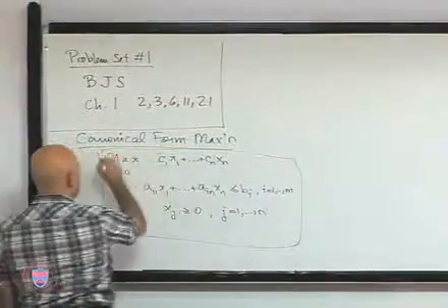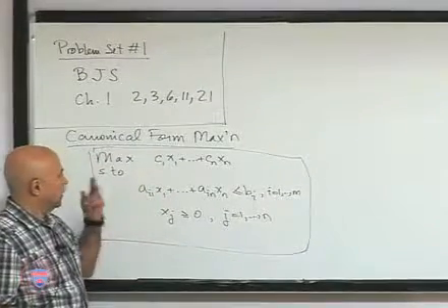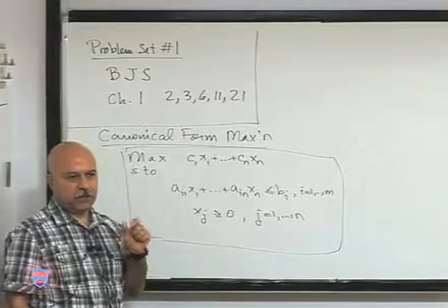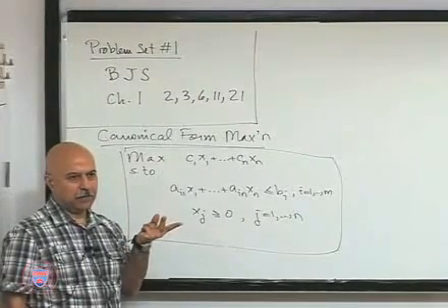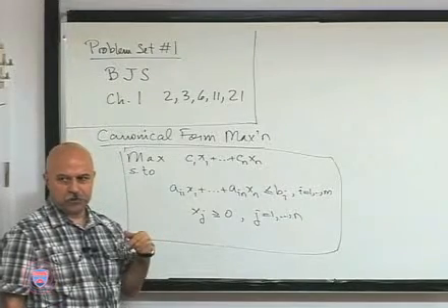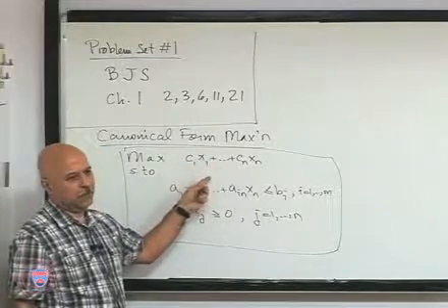And we assumed here that the data of the problem consists of 5 pieces of information. The number n, the number m, which is the number of functional constraints, then the cost data.